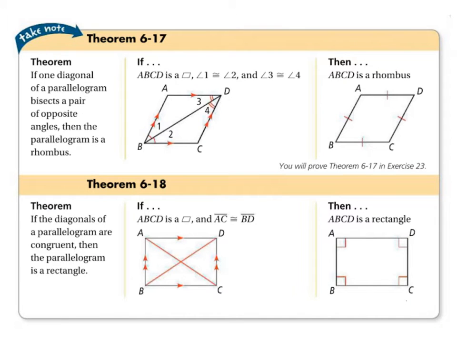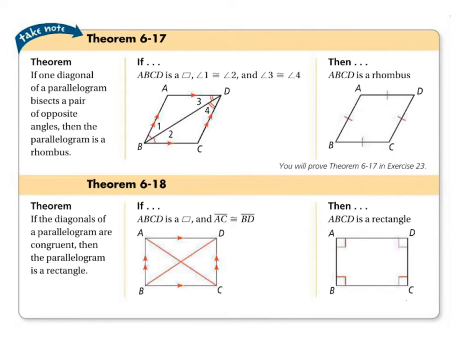Okay, a couple other converses here. We know that if a parallelogram is a rhombus, then the diagonal will bisect the opposite angles. And the converse is true. If we see that those angles are bisected, then we know that it is a rhombus.